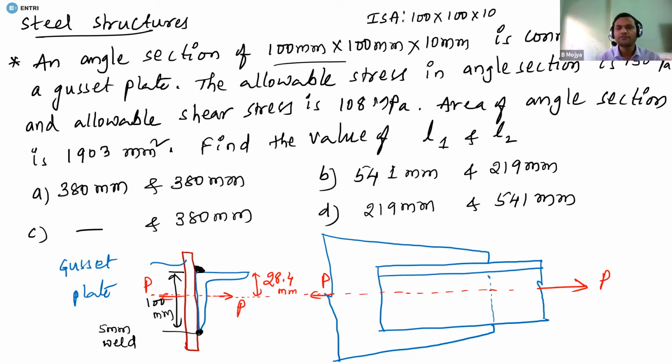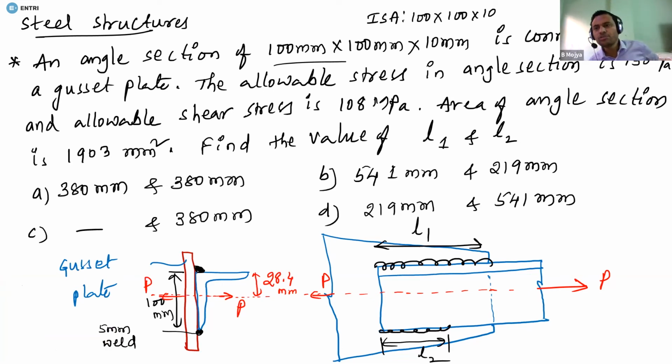So what you need to do is determine the individual lengths of the welds. Let me show where the welding is done. This side welding will be done over a length, let us take L1, and this side the length of the weld is L2. So these two lengths should be determined. To find these two lengths, you need to know the load on each side, how much force is taken by the welding on the L1 side and the L2 side.